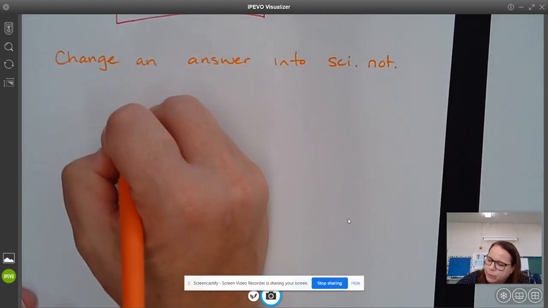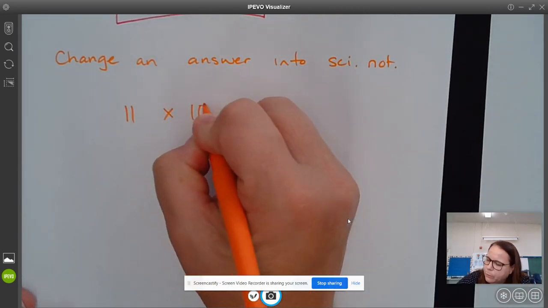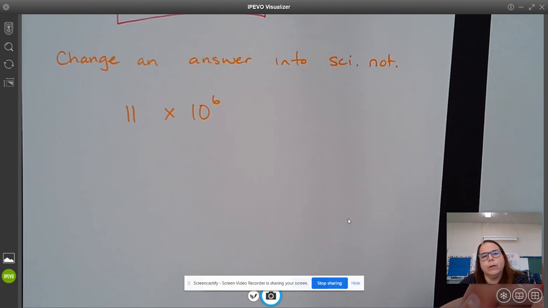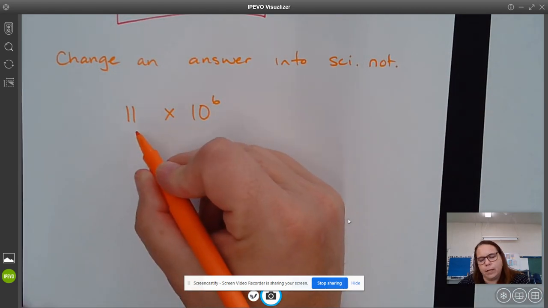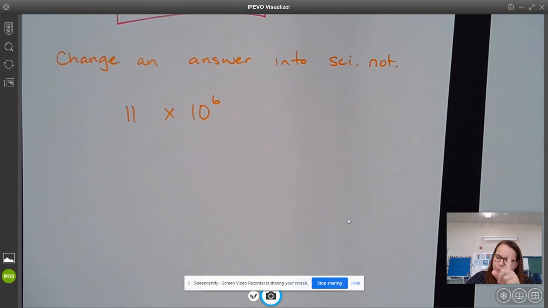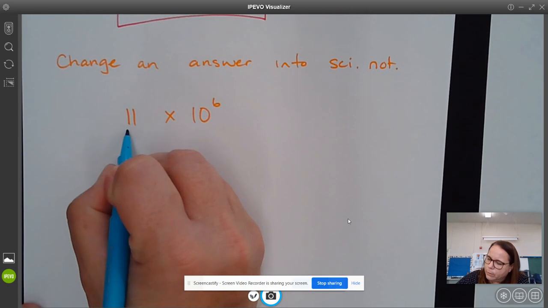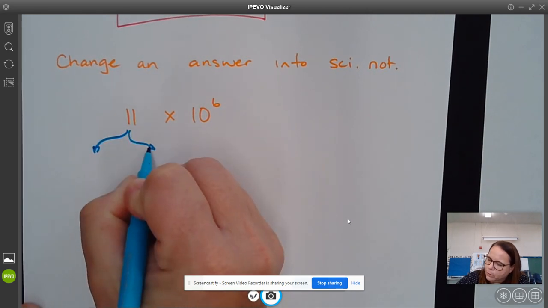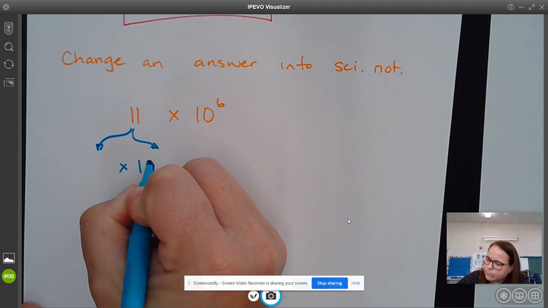So let's just say our answer was 11 times 10 to the 6th power. 11 is greater than 10. So what we need to do is think to ourselves, we need to break this number up into something times 10.